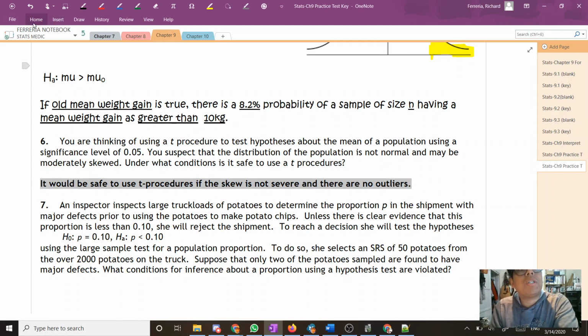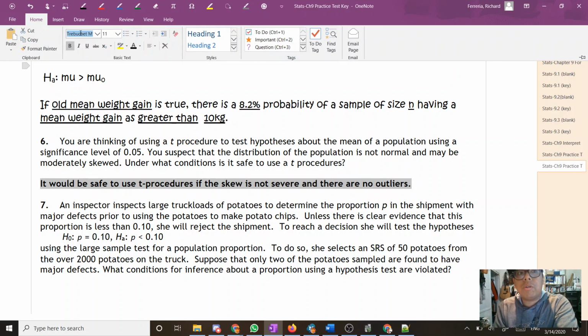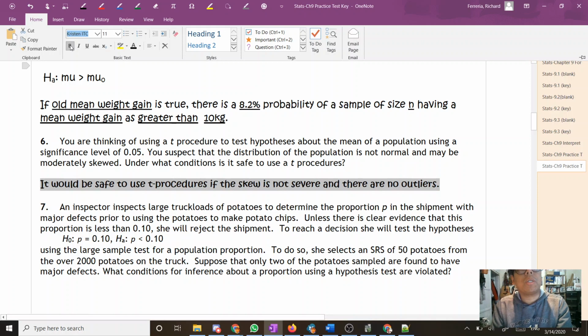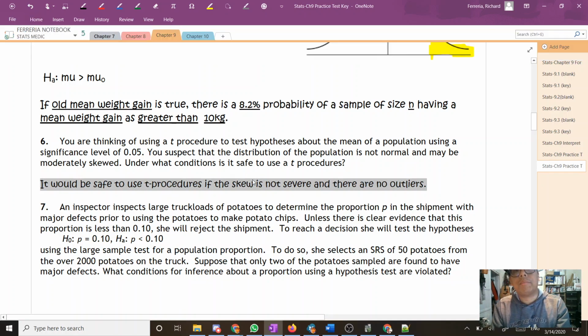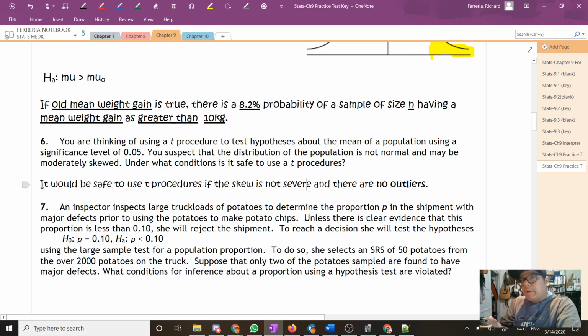Even if you have moderate skew, it's okay for you to use the t-distribution, but it is not okay if you have outliers. Okay. I should also point out that the larger your sample size is, no, I'm not going to point that out at all. We're good.